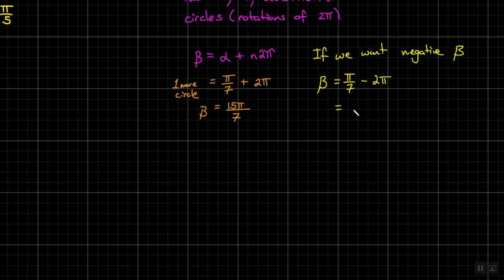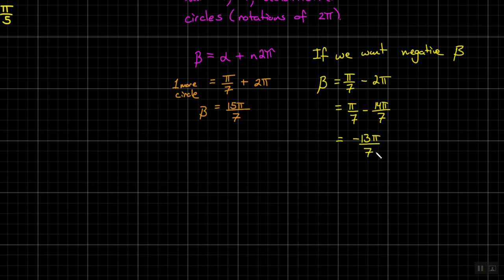In this situation, and I'll show the fractions this time in case that threw somebody off. What's the fractiony way to think of 2 pi here? 14 pi over 7. And let's check. This would give us negative 13 pi sevenths. And maybe this one is realistically more natural, because the other one we had to go around a full circle, and it's okay, we still have the exact same angle.